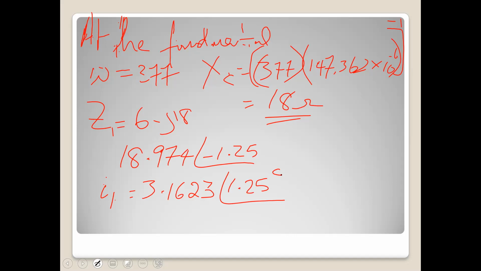So I1 would therefore be equal to 3.1623 sine of 377t plus 1.25 radians.